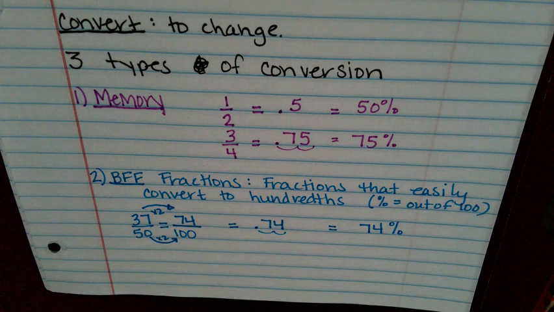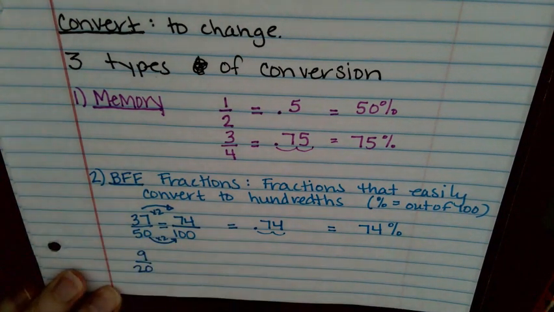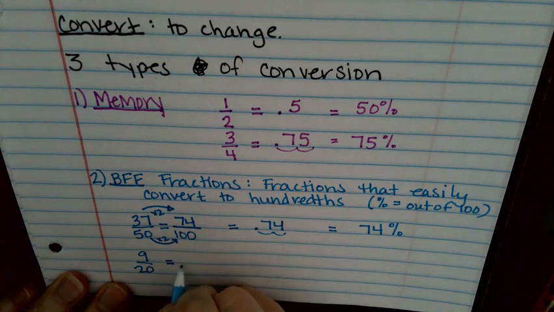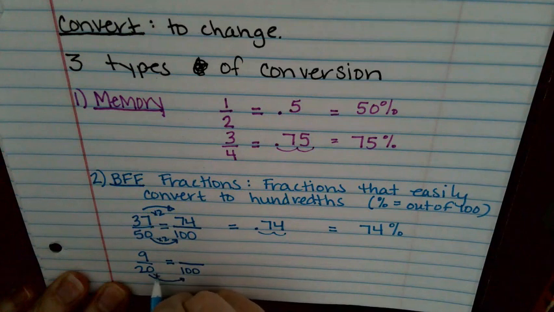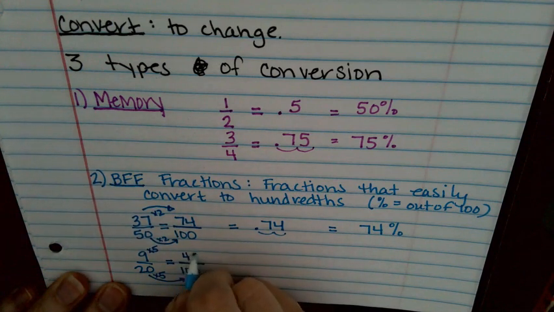Okay? What if I had 9 20ths? Again, this is a BFF fraction because 20 is a factor of 100. As a matter of fact, if I multiply 20 by 5, I get 100. So I'm going to multiply 9 by 5 and get 45.